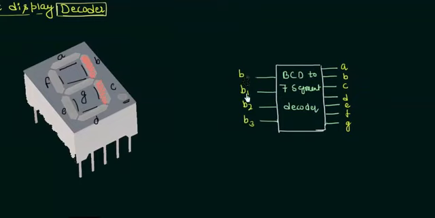There are 4 bits, B0, B1, B2 and B3, that represent your number from 0 to 9, and this 7 segment display decoder is what we have to find out in this presentation.